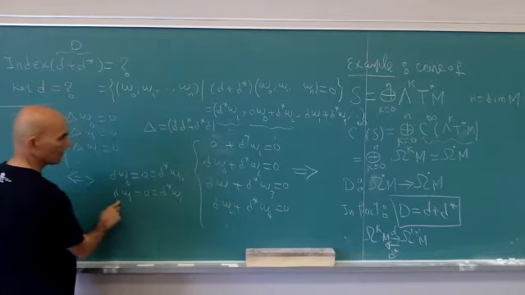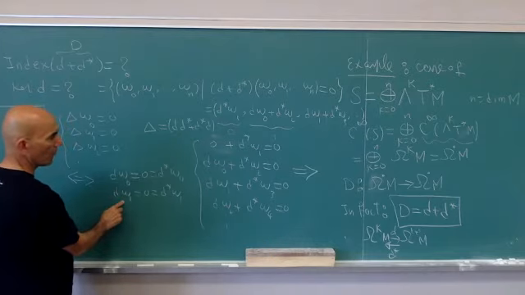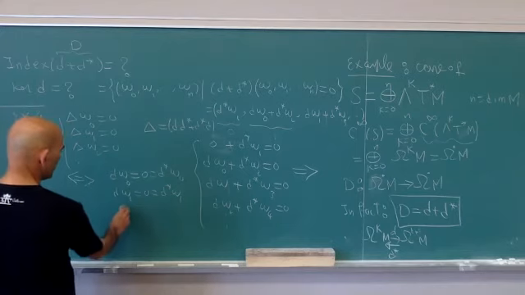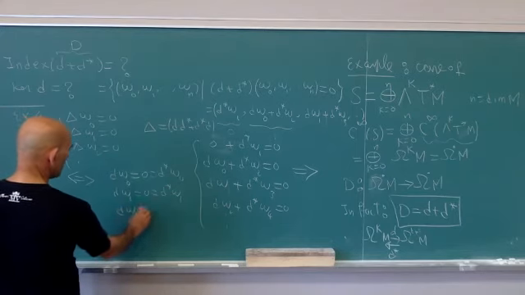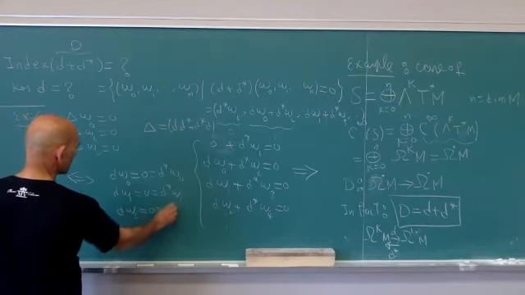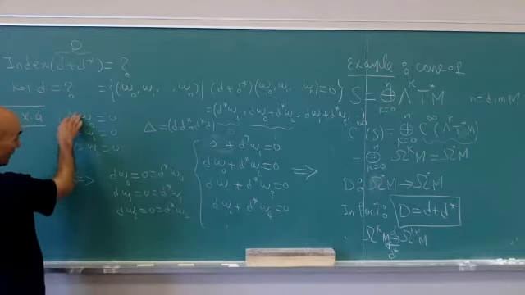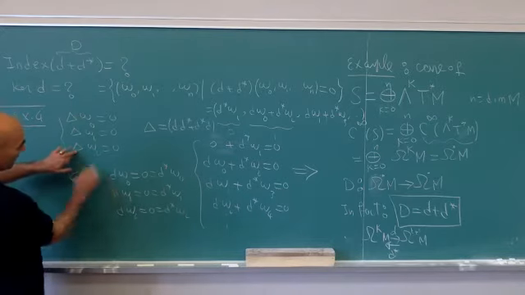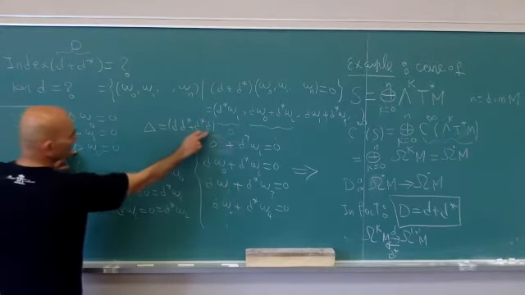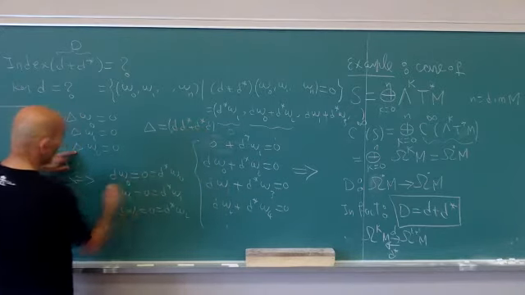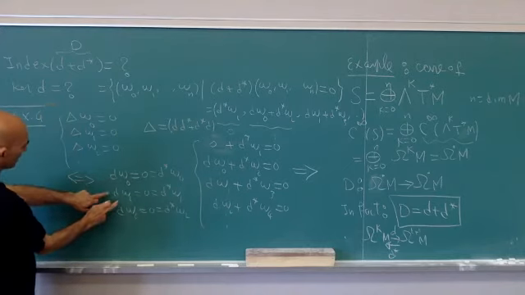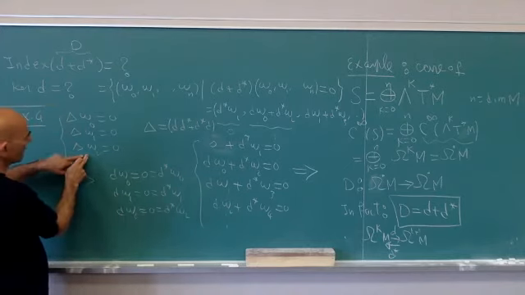So all you have to do is show that d of omega 1 is equal to 0. And then d of omega 2 equals 0 equals d star of omega 2. This is if and only if, because of delta. We did it in class already. This is equivalent to that.